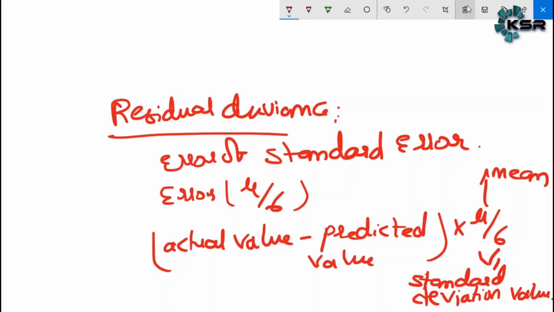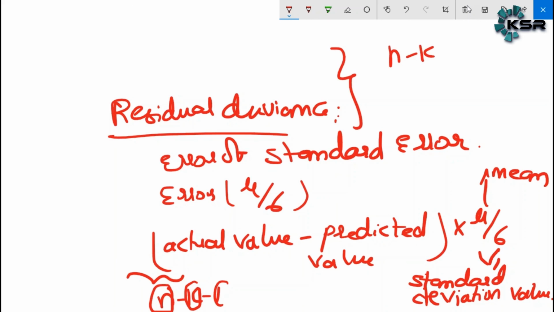Again the formula is the same, n minus k minus 1.